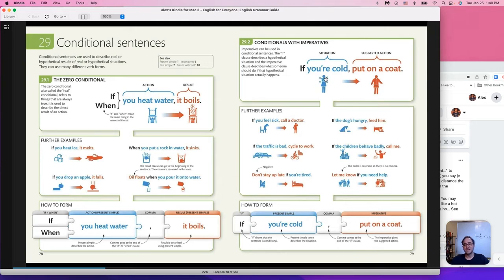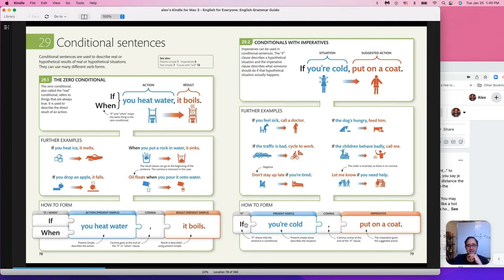If it was, you'd say, if you're cold, you put on a coat. When you're cold, you put on a coat. That's kind of a zero conditional. But here you're really giving someone an imperative, commanding them. If you're cold, put on a coat. I say this to my children. Oh, Dad, I'm cold. If you're cold, put on a coat. I'm not turning the heat up more. If you feel sick, call a doctor.